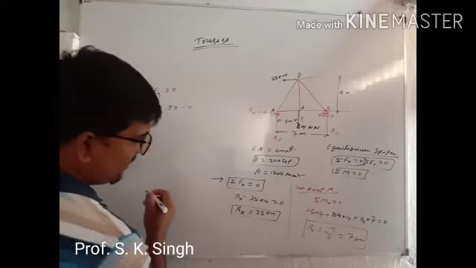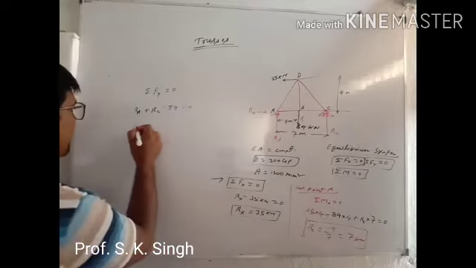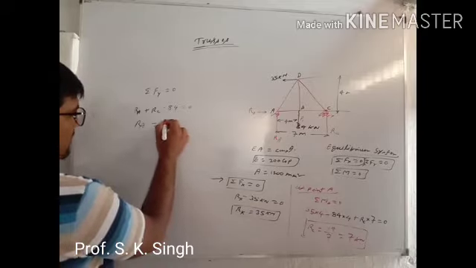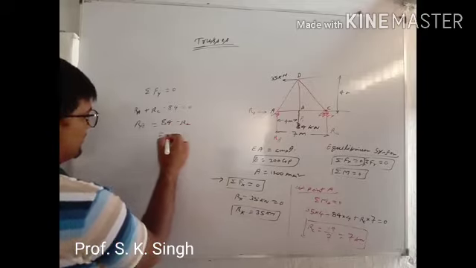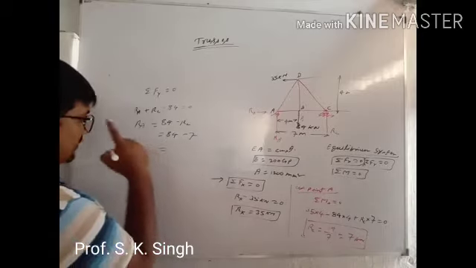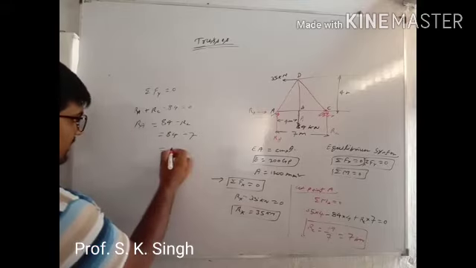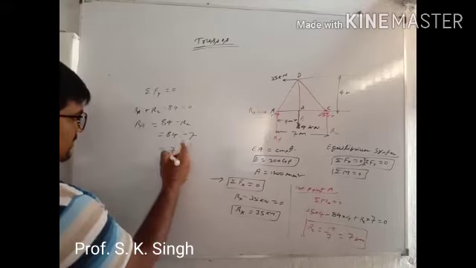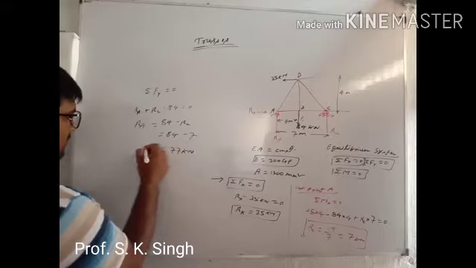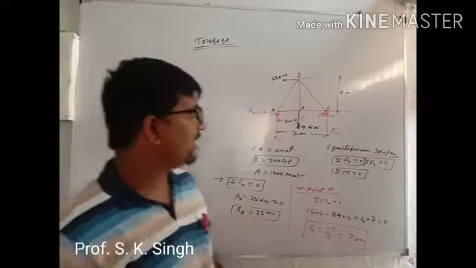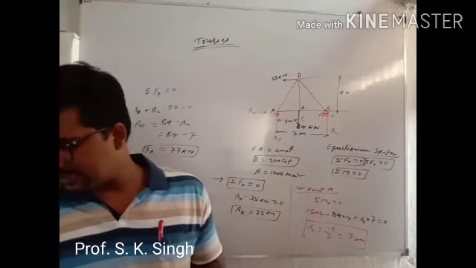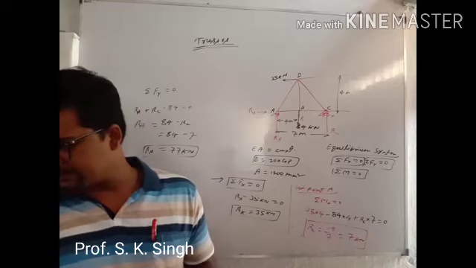So RA is 84 minus RC, and 84 minus 7 is 77. Like that we can define the reaction force RA as 77, and RC we defined already.